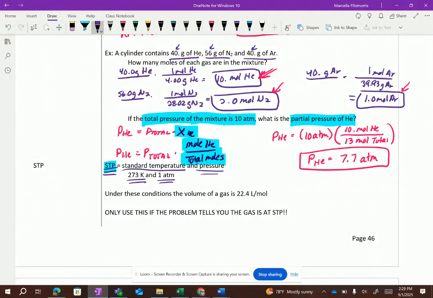Okay, so on the very first page of these notes, I said 1 atm equals 760 torr. I'm also going to write down that 1 atm equals 760 millimeters of mercury. mmHg stands for millimeters of mercury.